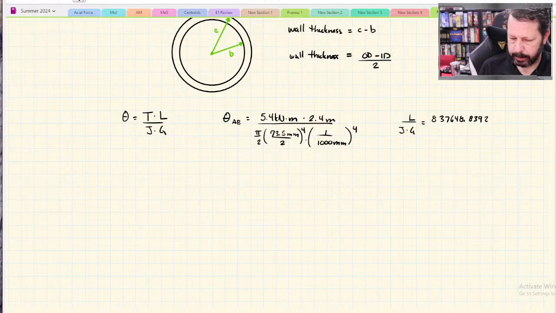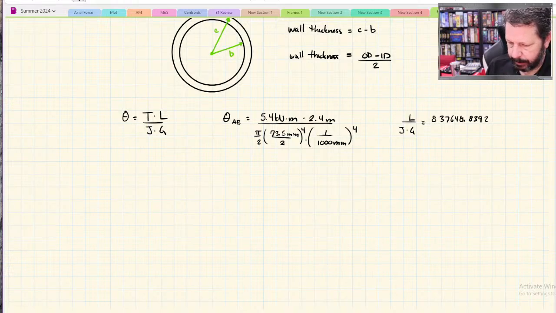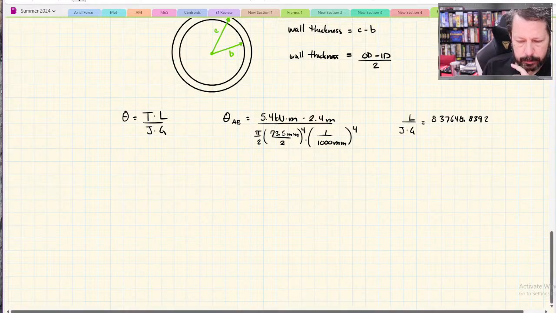That's a super tiny number. 2.4 divided by that answer gives me that large number, but then I need to multiply. What am I missing?